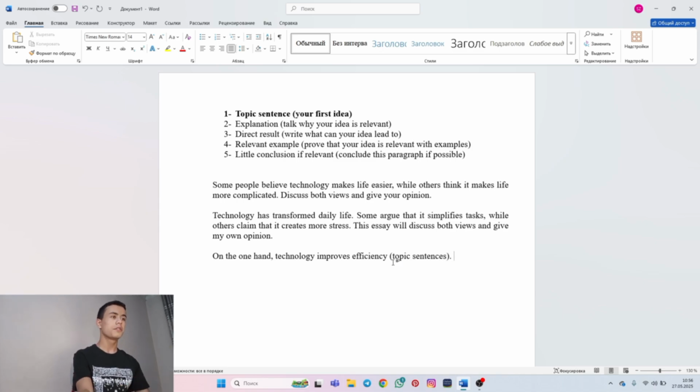And secondly, we have to talk about explanation. We have to talk about our first topic sentence. For example, why technology improves efficiency.